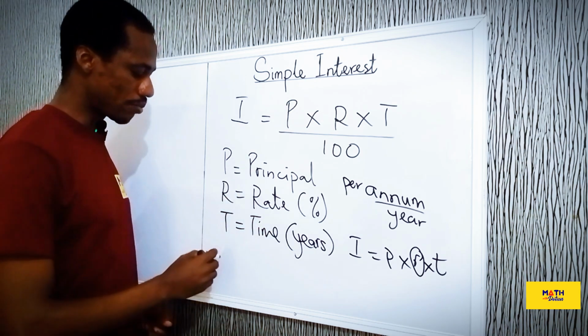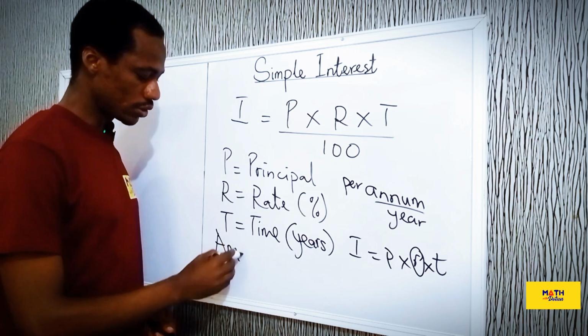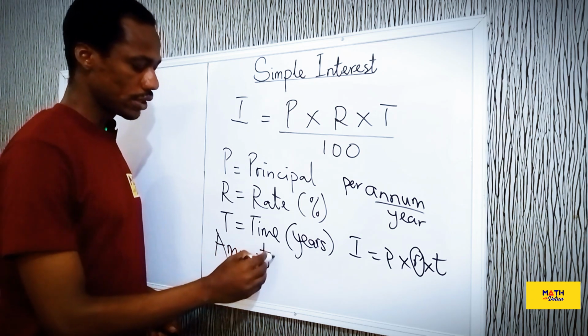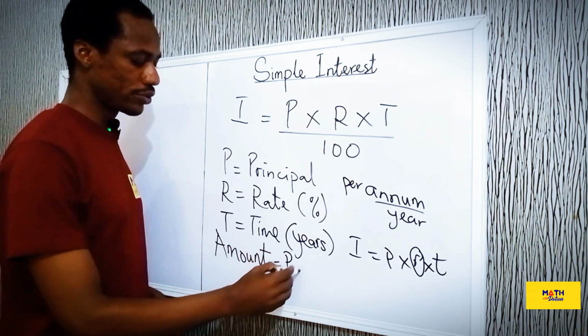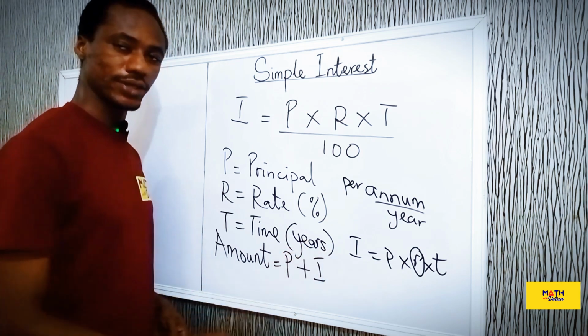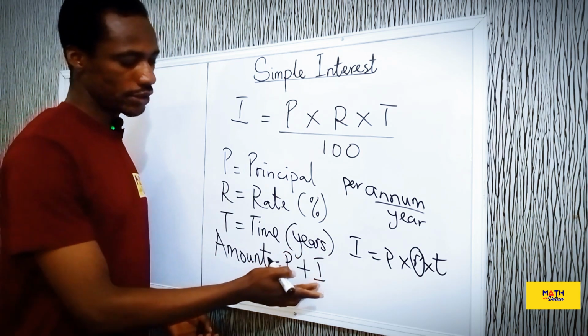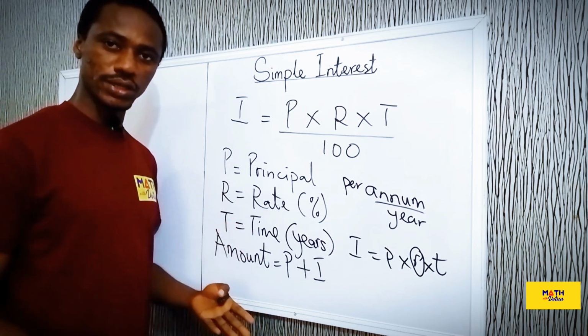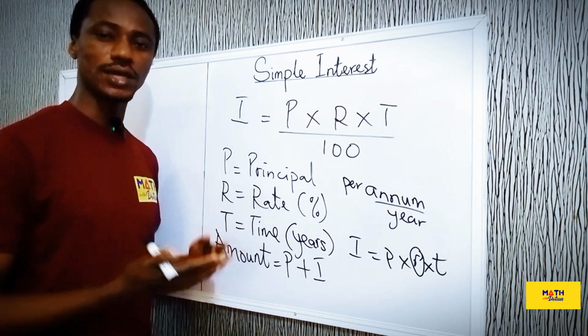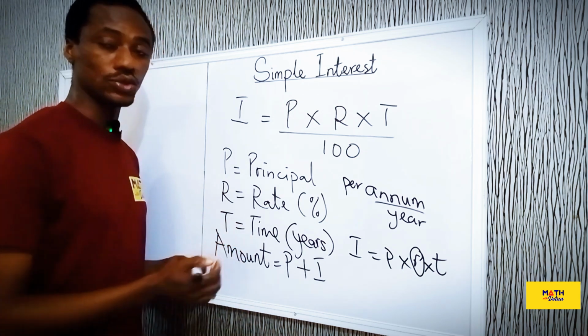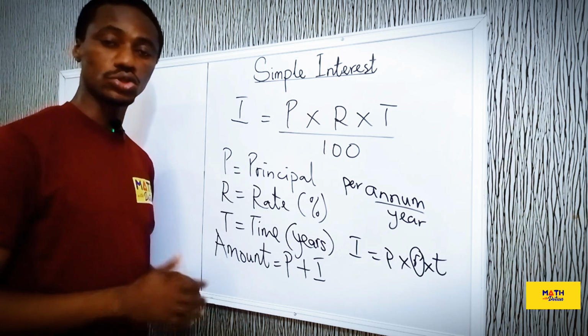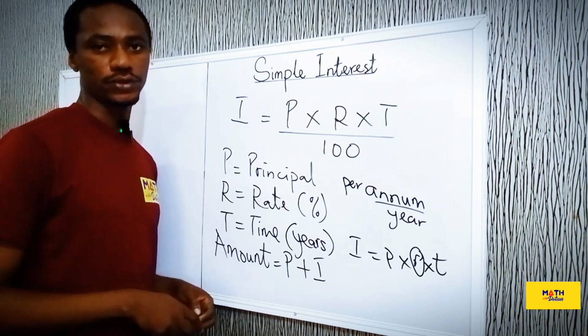We call it the amount. And that is principal plus interest. The original money, the principal, which is the 1,000 naira I borrowed, plus the interest, which is 100 naira, together make 1,100 naira. That gives the total amount of money I'm going to return at the end of the year.